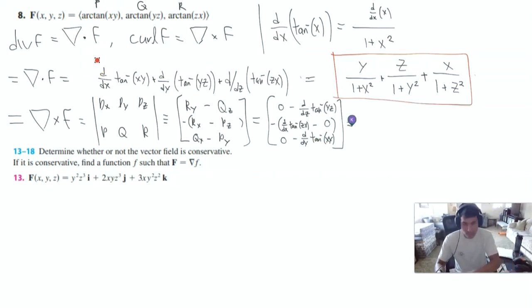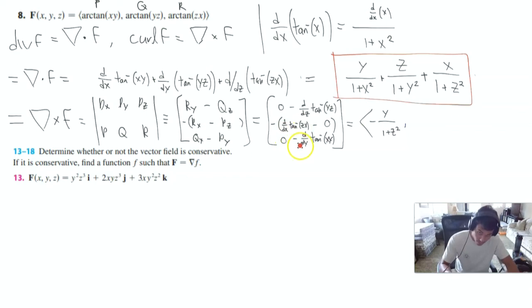Now we can take these derivatives. So d dz of tan inverse yz is going to be something like this: y over 1 plus z squared. Instead of writing it as a column vector, I'm going to write it as a horizontal bracket vector. So it'd be negative y over 1 plus z squared, comma.